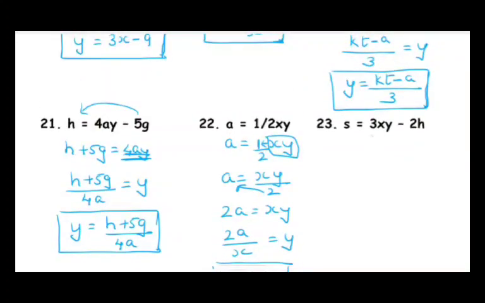S is equal to 3xy minus 2h. Take the minus 2h on the left hand side. So S plus 2h is equal to 3xy.